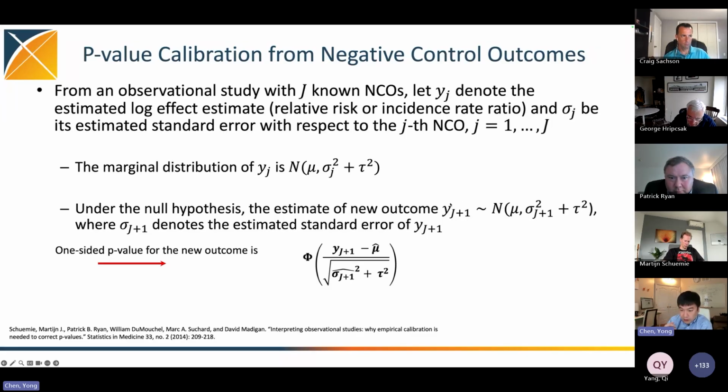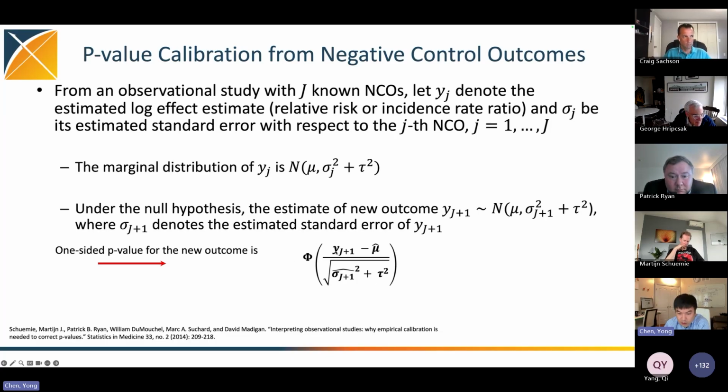Suppose you investigate the association between taking the GLP-1 medication and the outcome, say heart failure, right? So you can estimate some causal effect, but using those NCOs, you can actually calibrate the corresponding p-values. So this is the p-value calculation formula.